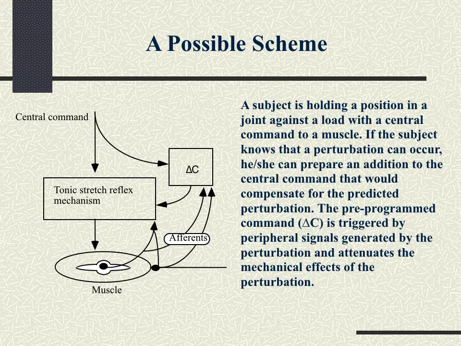So the amplitude of the pre-programmed reaction is not related to the applied perturbation. So we don't see necessarily a one-on-one relationship with the amount of the reaction in response to the amount of the perturbation if that perturbation cannot be predicted. So there's different trials, and the compensation of the perturbation can vary from 0 to 100% of overcompensation.